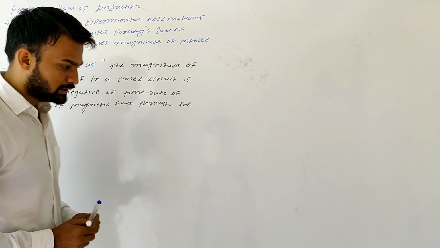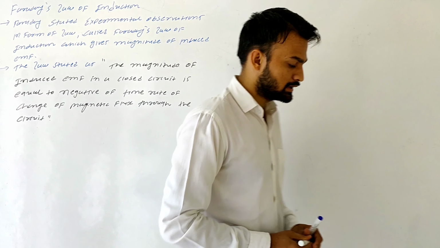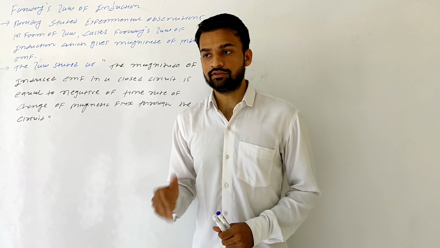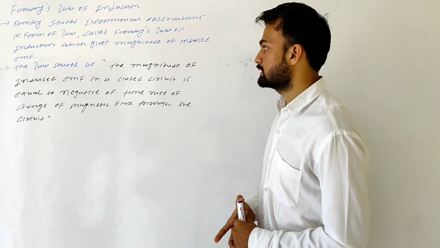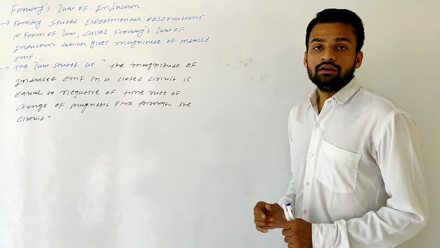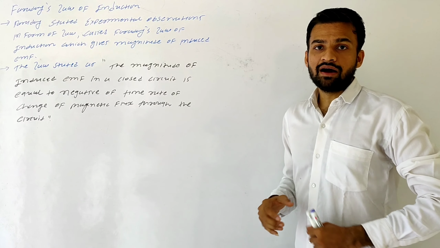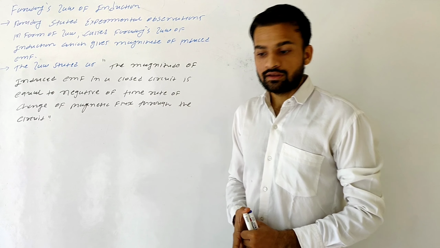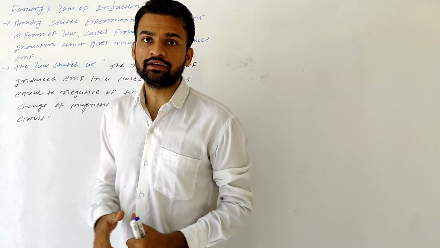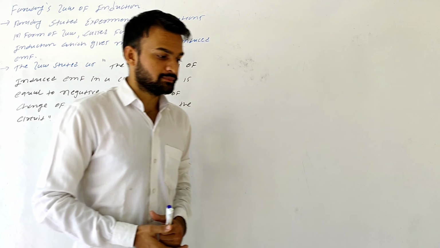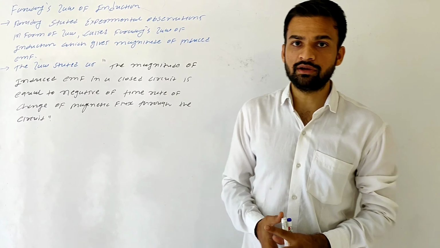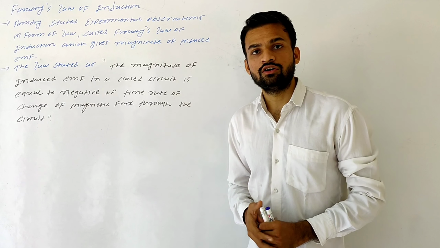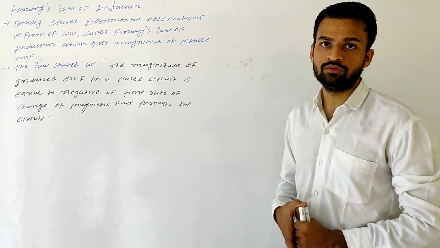In experiments number 1, 2 and 3, we derived some common results. We see that relative motion between the bar magnet and coil, or relative motion between the two coils, is not necessary to induce current in a coil. The necessary requirement is change in flux through the coil with respect to time.